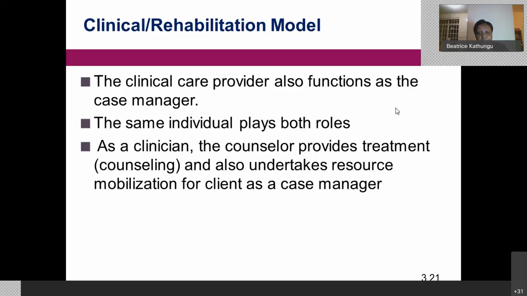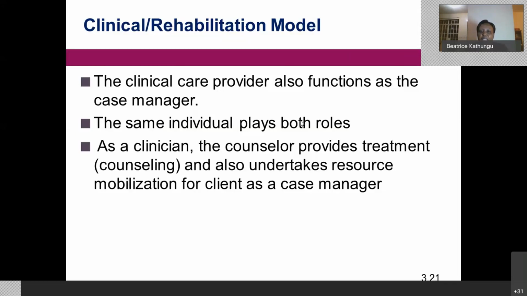I remember hearing some of us sharing our experiences in the last class and saying that we don't have the advantage of being able to employ a full-time case manager. So it is the people who do the other functions that also serve as the case manager. So probably the counselor, the primary counselor, could also be the case manager. So when we have this kind of situation, we call that the clinical or rehabilitation model.